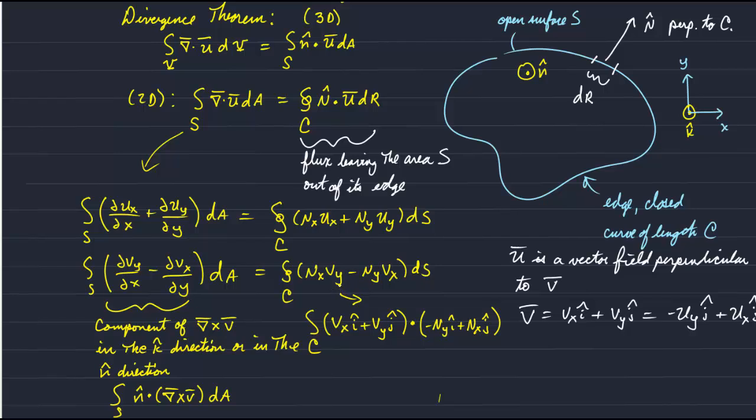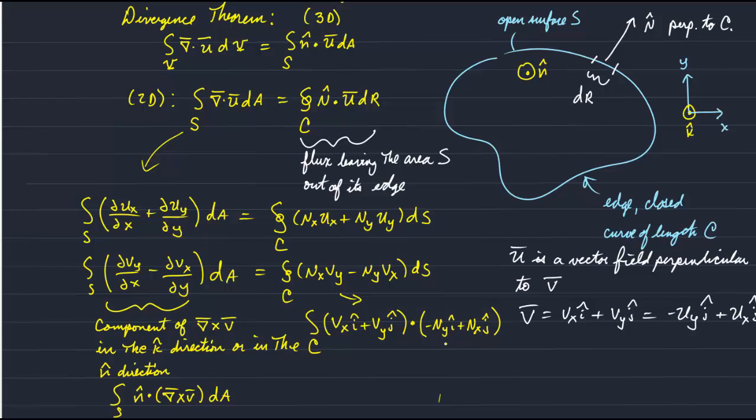So hopefully you can see that this term can also be expressed as a dot product between vector v and this vector in terms of the x and y components of n hat.